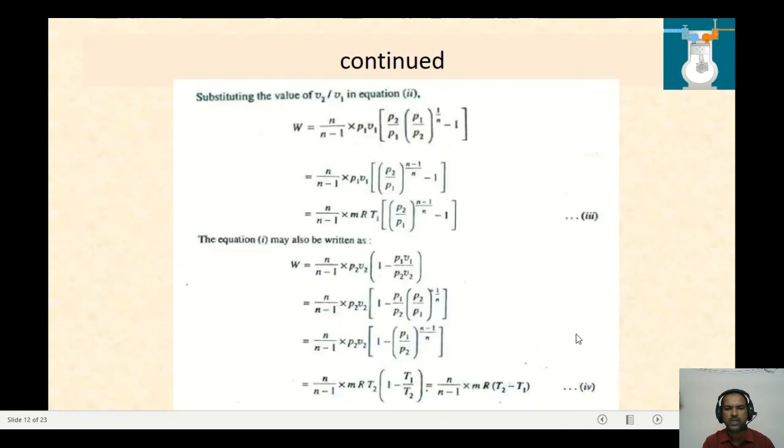From equations 3 and 4, this is used for finding the work done, right? So this formula is very important, that is n by n minus 1 into mRT1 times P2 by P1 raised to n minus 1 minus 1. We use this formula for finding the work done for the polytropic process.